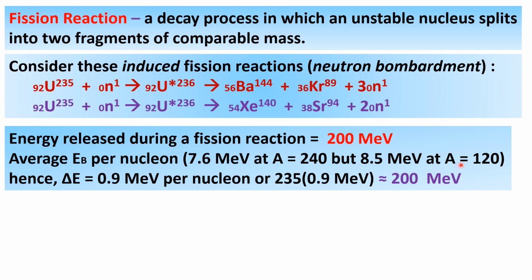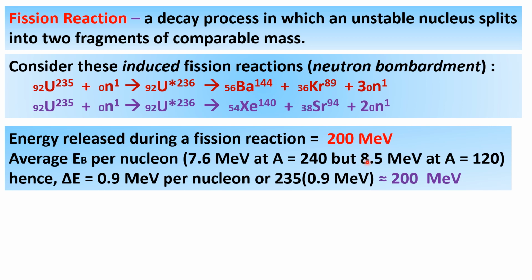But the lighter nuclides, those with a mass number of 120, have a much higher binding energy per nucleon.